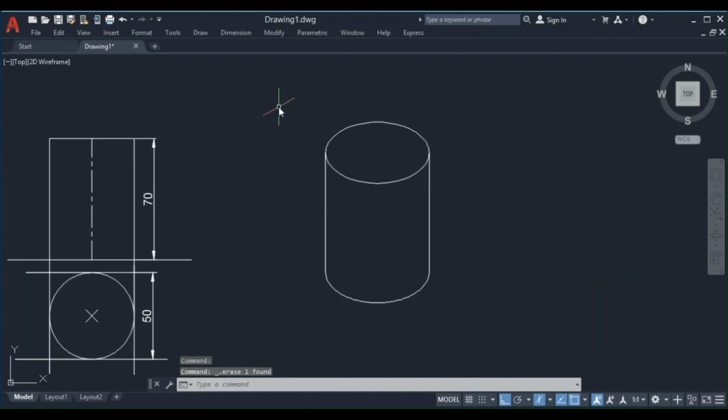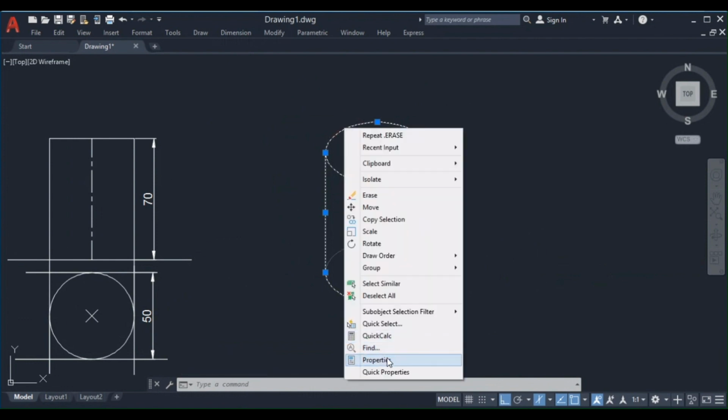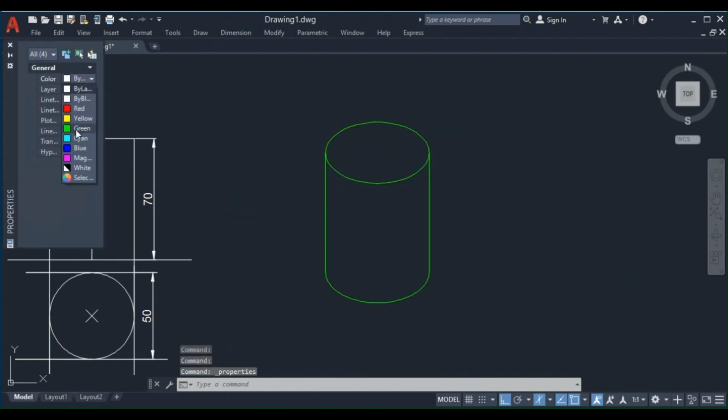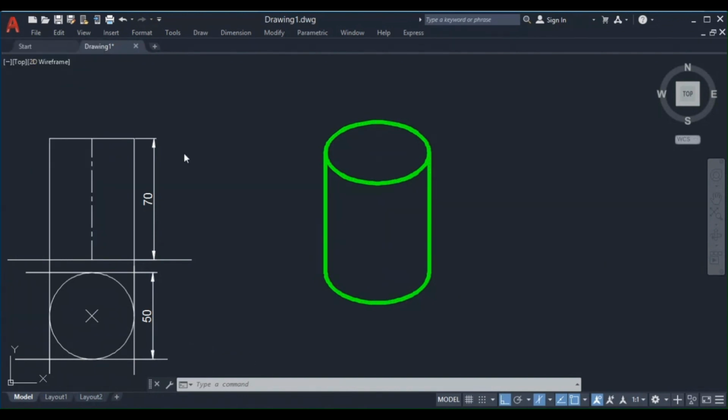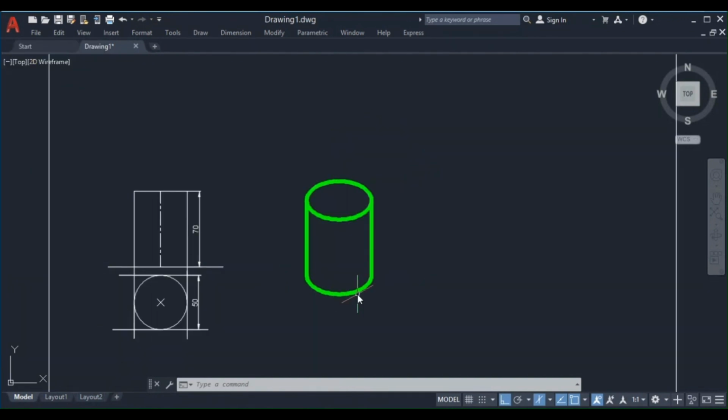So this is axis perpendicular to HP. Cylinder. Inside is not visible. Are you able to follow? Sir. Yes, sir. Okay. This is axis perpendicular to HP.